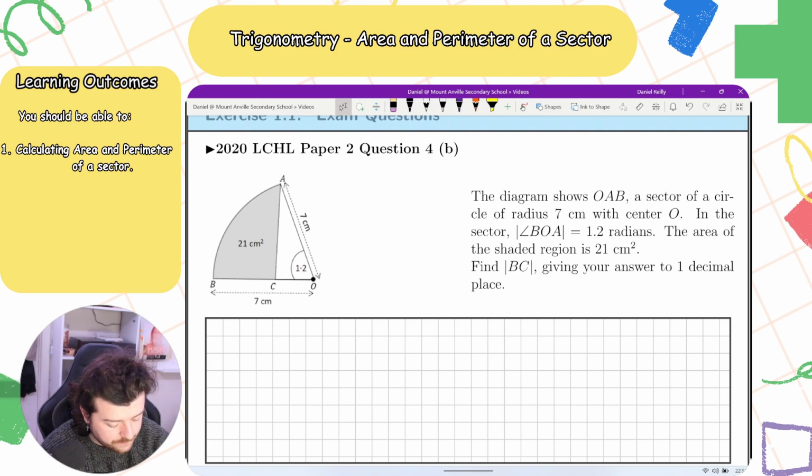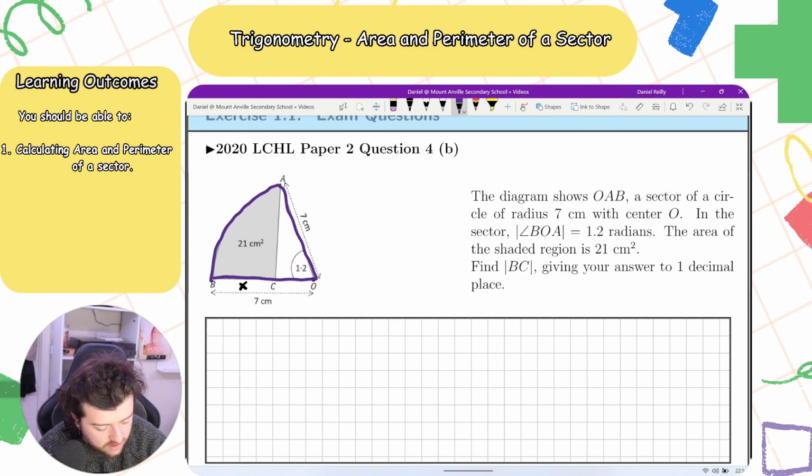So I want to find this. I can't really find it directly. I don't have any reason to find the length from B to C. I know this is all 7, but I think I could find it using this. So I know this is the sector of a circle. Actually, let me draw it again.